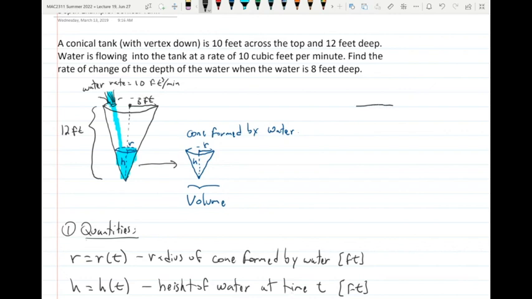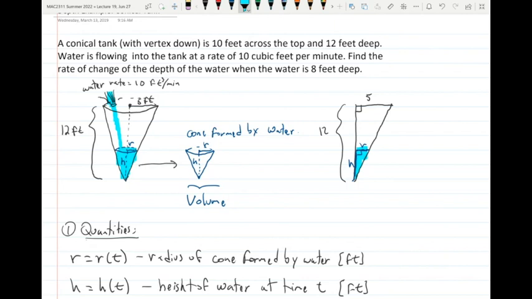So we have this picture, where this is 5, this is 12, and then over here we have R, and we have H. And this little triangle here corresponds to the water. Does everybody see that from the cone? Do you see it? Okay.